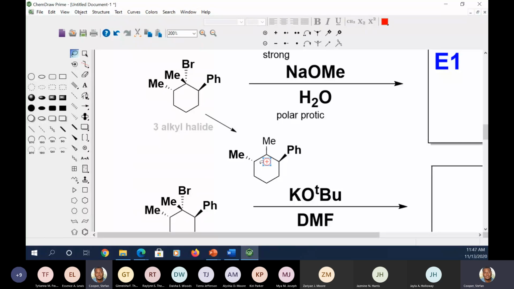And every time I generate a carbocation, what should I think in the back of my mind? I need to think about rearrangements, right? This carbocation has next door a carbon that does have a methyl and a hydrogen, and over here, there's also a hydrogen.